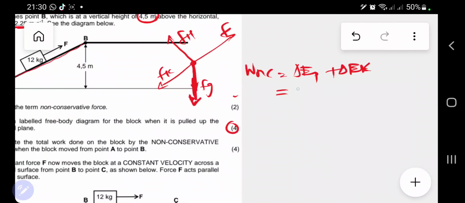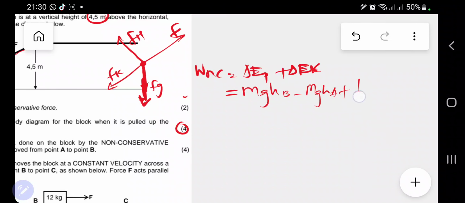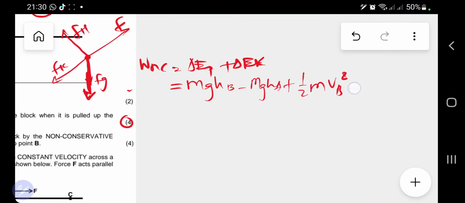So we're going to have mgh at B minus mgh at A, and half mv at B squared minus half mv at A squared.